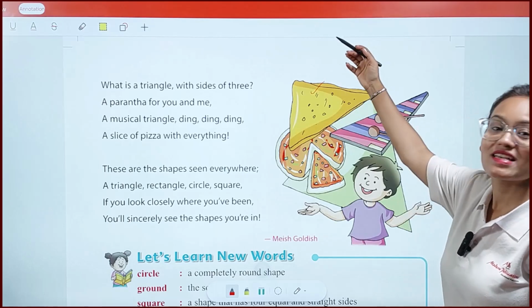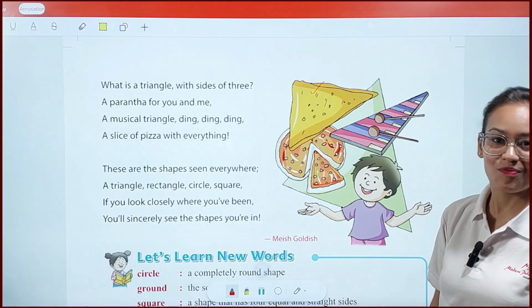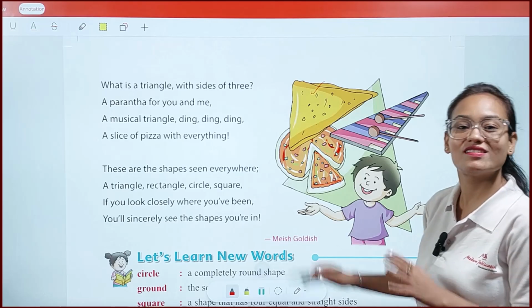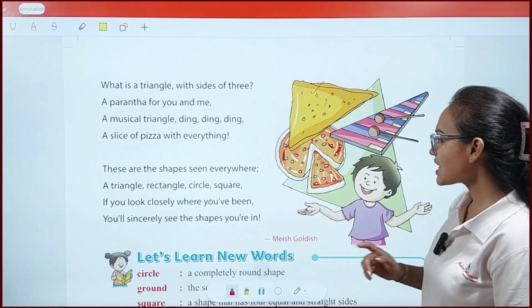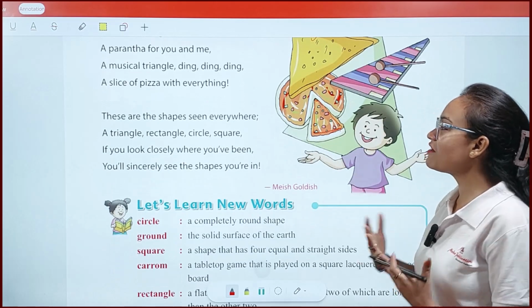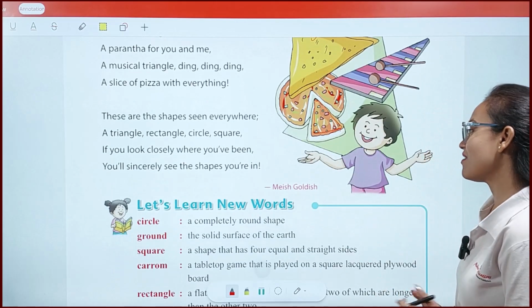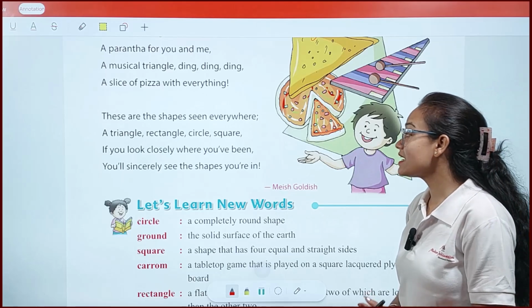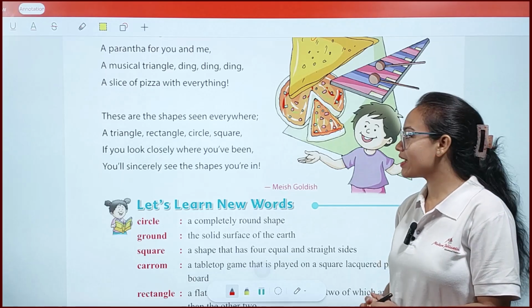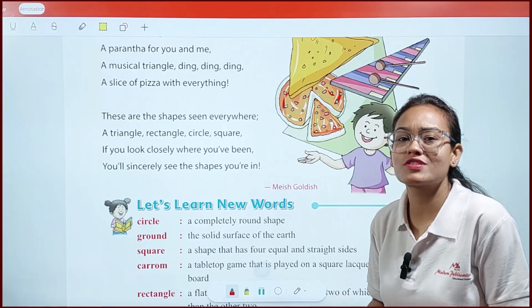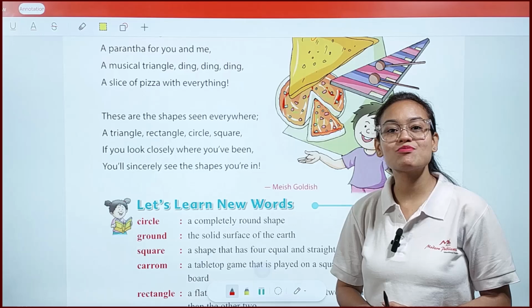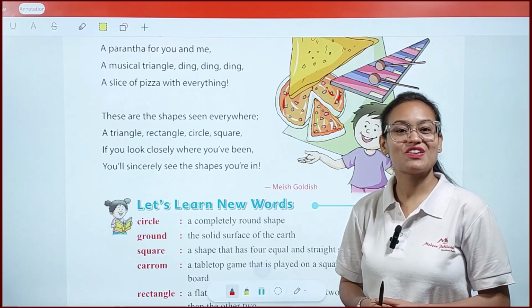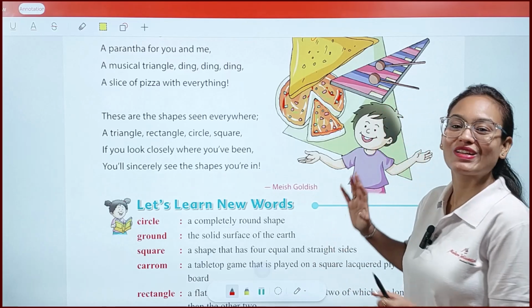Its two sides are equal. If you observe closely your surroundings, then you can observe all these shapes around yourself. So this is all in this chapter.